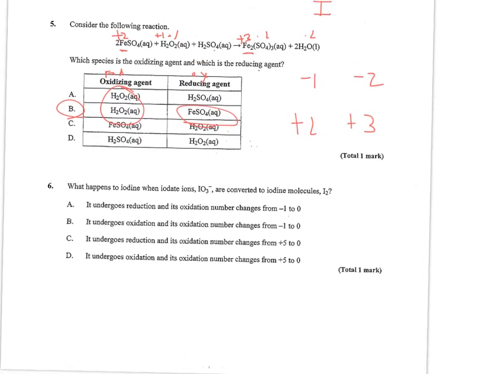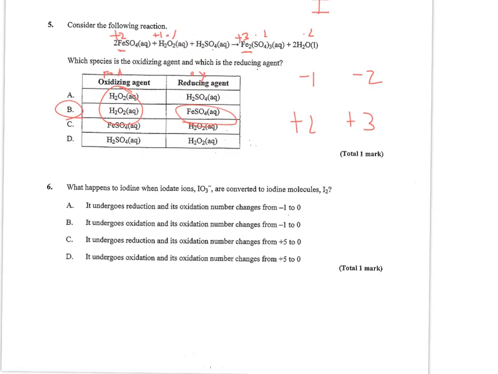6 wants to know what happens to iodine when iodate ions are converted to iodine molecules. Well, the easy part is that you know it's going to 0. But the question is what did it start as? Well, if I have IO3 minus, I have 3 oxygen at -2 each for a -6 charge.